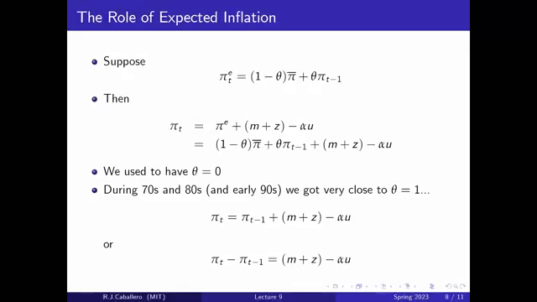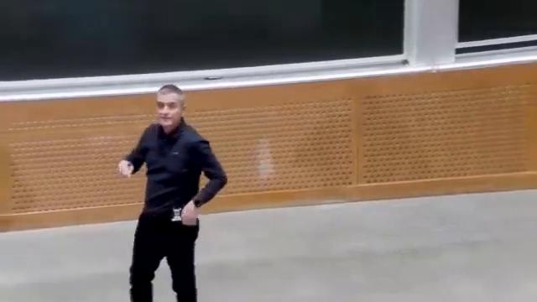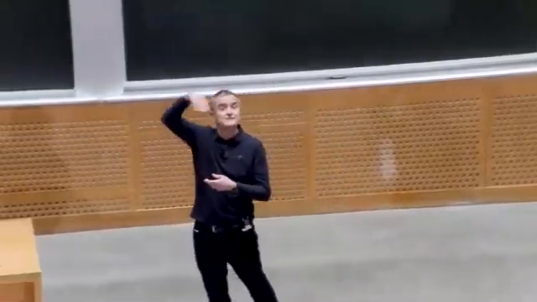So if I replace expected inflation with pi t minus 1, I get this Phillips curve, which I can rewrite as a relationship between the change in inflation and the level of unemployment. So now if unemployment is very low, inflation is picking up.